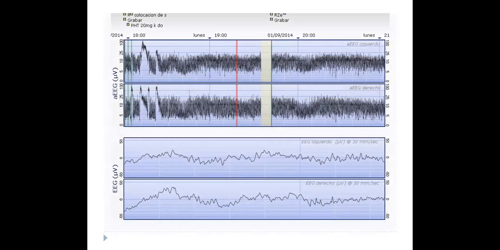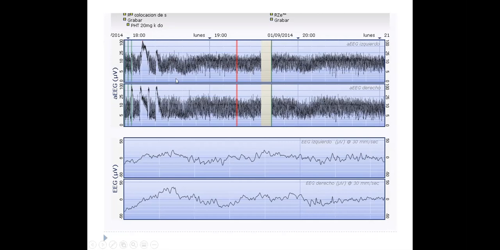Okay, this is an example of the use when treating seizures. In this case, we started a loading dose of phenytoin, and you can see these 1, 2, 3 mountains, and after we finished the infusion of phenytoin, the pattern recovered to a continuous pattern.